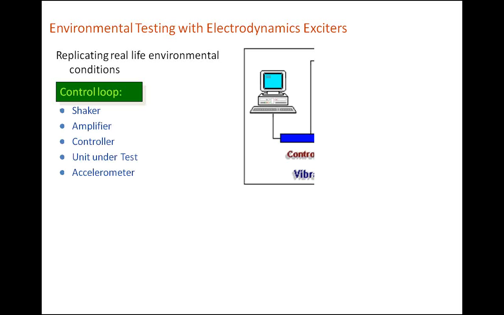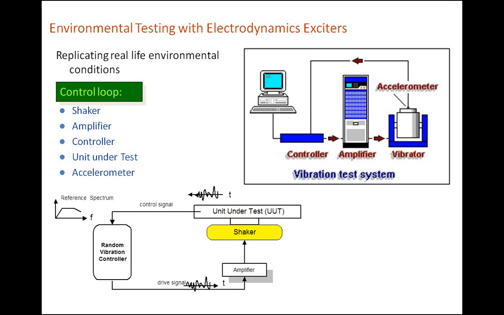When we look at what a real test looks like, this is closed loop now. There are many tests that are sometimes open loop, and when it's open loop you don't really have control over the dynamics on top of that shaker head.